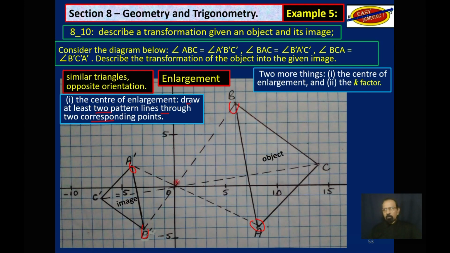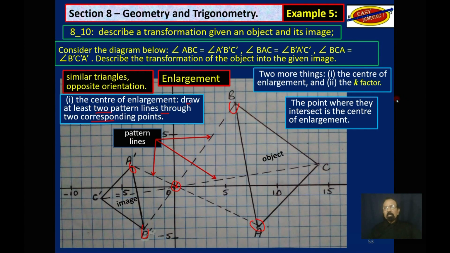You find that those 2 pattern lines will meet at that 0, 0 position. At least 2. You can do it with C as well for the third one, but you don't need to. So those are the pattern lines. As I said, you just need 2. The point where they intersect is the center of enlargement, which is here, 0, 0.